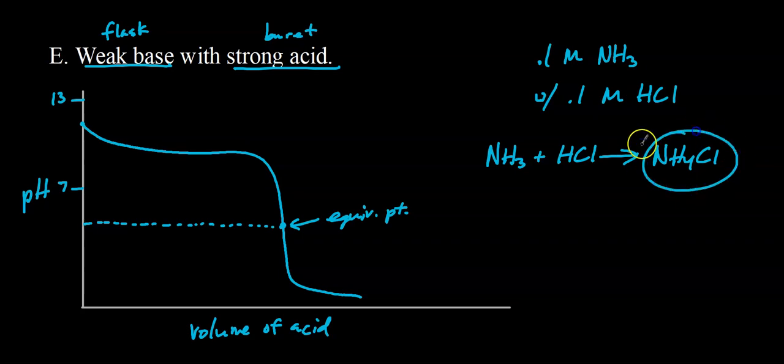So this substance here, ammonium chloride, again, is not a neutral salt. It is an acidic salt. Why is it considered an acidic salt? Well, because a solution of that substance has a pH of less than 7. So again, typical profile for this type of titration, weak base with a strong acid. Again, what's important to see here is that the pH at the equivalence point is less than 7.